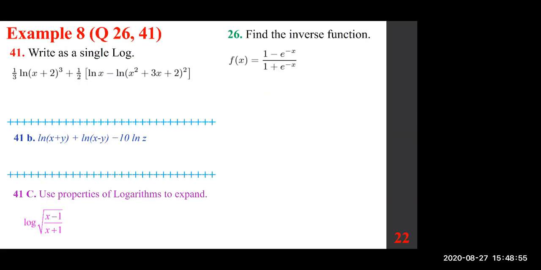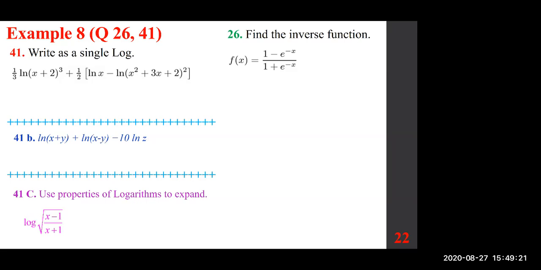All right, let's start with number 41. Okay. We want to write this as a single log. Okay. So 1/3 ln of x plus 2 cubed.